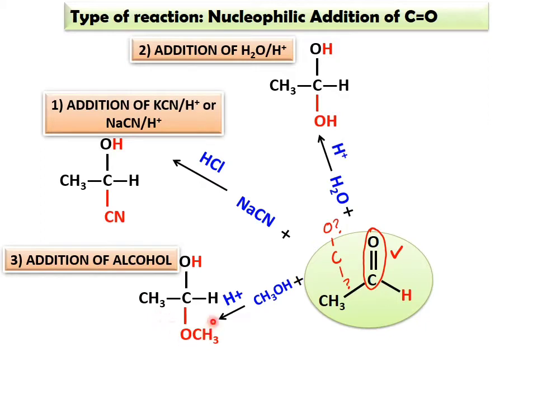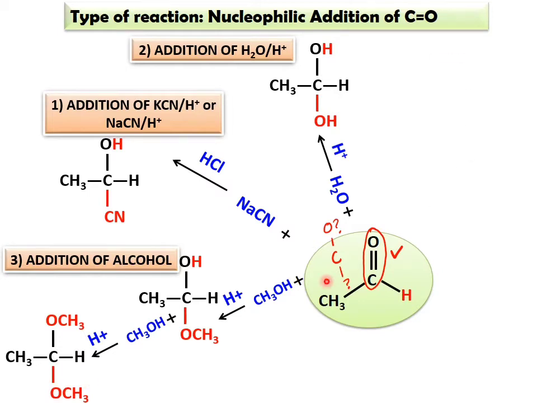Ini yang dipanggil sebagai hemiacetal. And then if you still continue adding methanol to this hemiacetal, this OH group will convert totally to become OCH3. So kita dapat both sama dekat carbon. So this is what we call acetal.